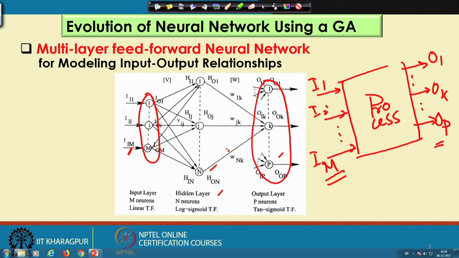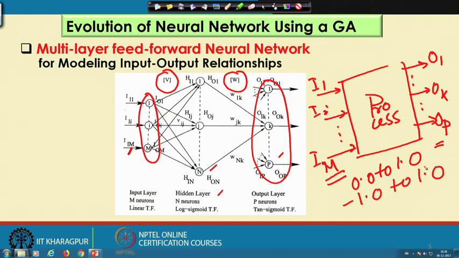Now, as I told, these particular connecting weights, that is V and W, should lie in the range of either 0 to 1.0 or from -1 to 1.0, that means in the normalized scale.